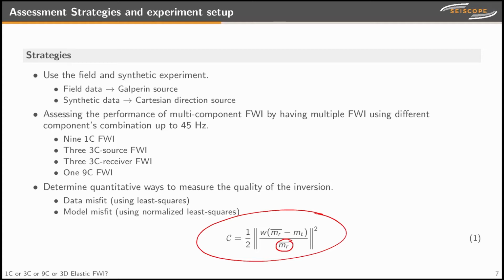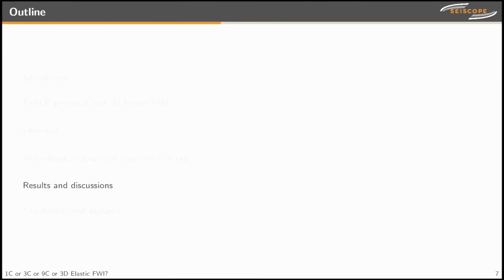Therefore, we take into account our previous experiment, in which we inverted our data up until 65 Hz using several different initial models, and we use those previous models as our reference model. So that is the closest we can get to the true model.